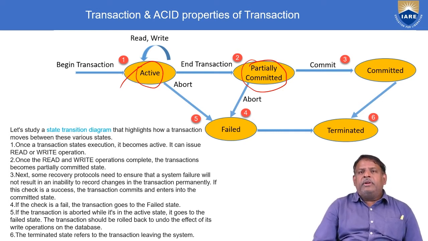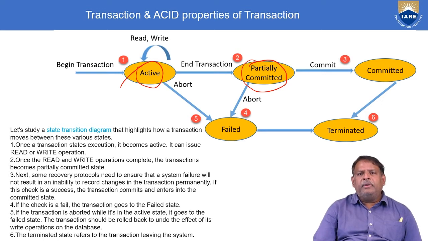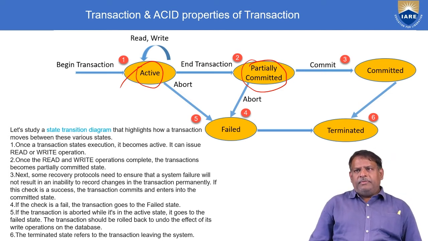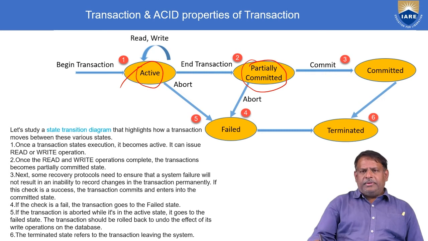Third, some recovery protocols need to ensure that a system failure will not result in the inability to record the changes of the transaction permanently. If the check is a success, the transaction commits and enters the committed state.